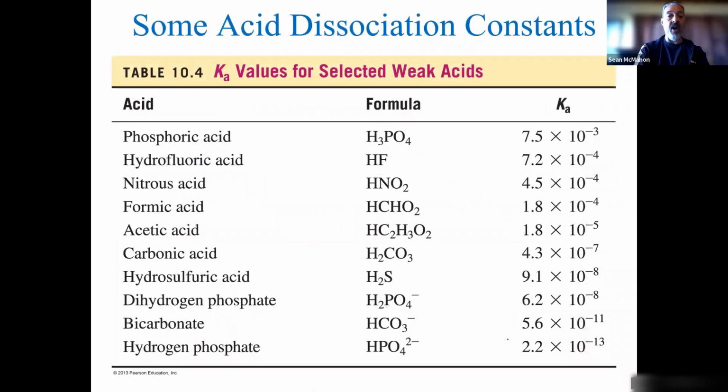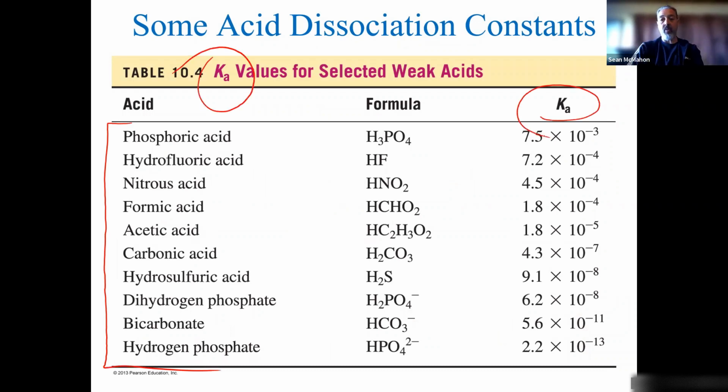So when I look at all these weak acids, I could look at their Ka values and see which ones would be weaker. So we got phosphoric acid. It's a weak acid. Why? Ka is less than 1. So that means it's only going to dissociate into hydronium a little bit.